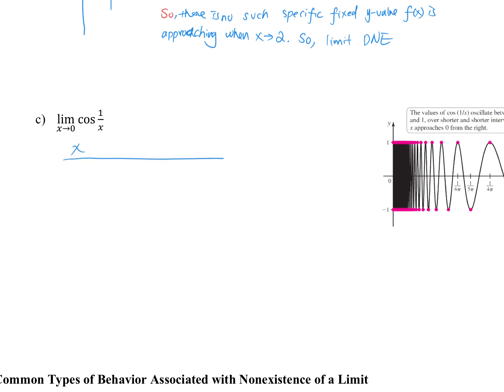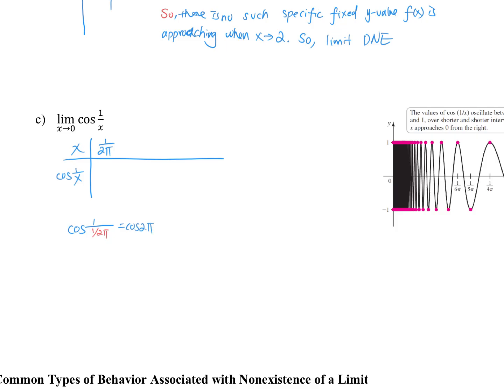So let's pick some special x values and then look at the y value. Let's say x is 1 over 2 pi. Let's do a little calculation. Cosine of 1 over x, and x is 1 over 2 pi, which is equal to cosine of 2 pi, right? What is cosine of 2 pi?